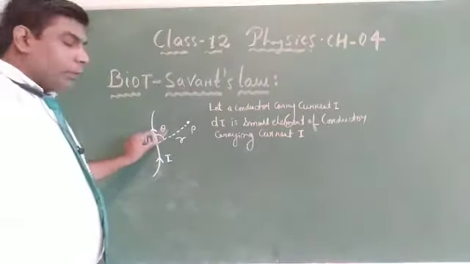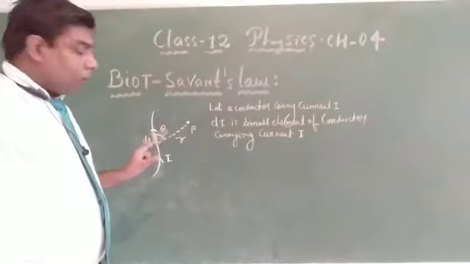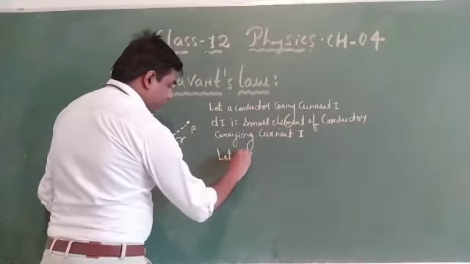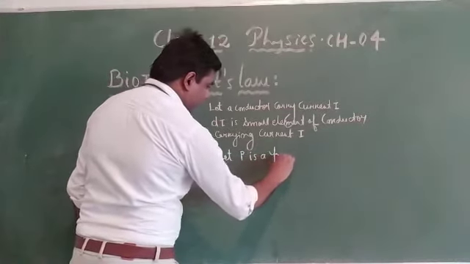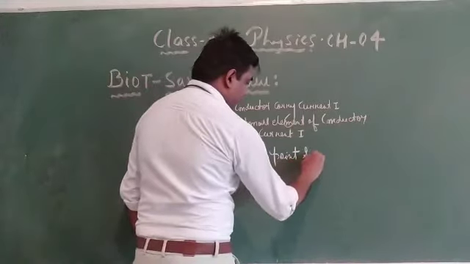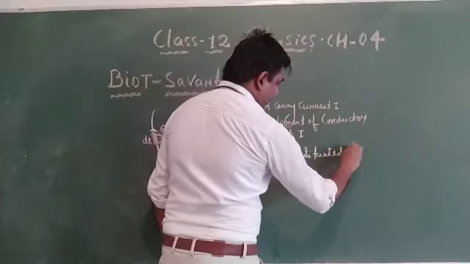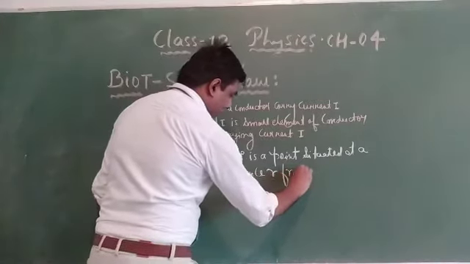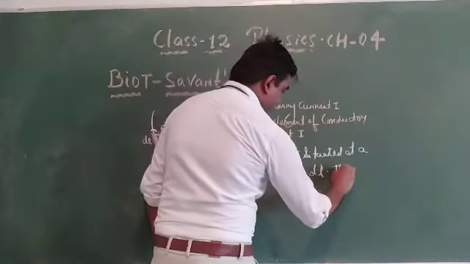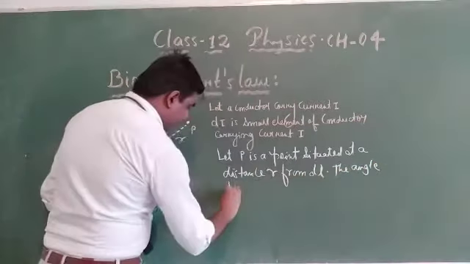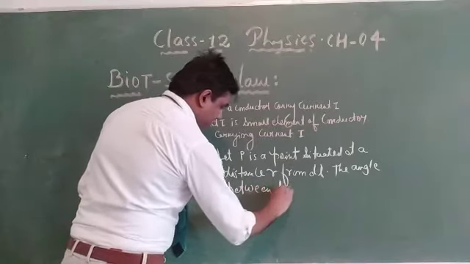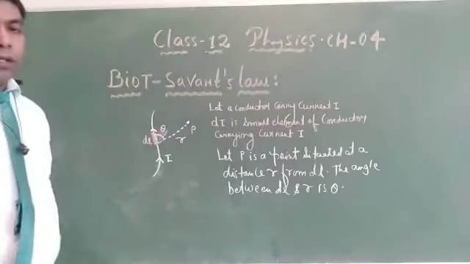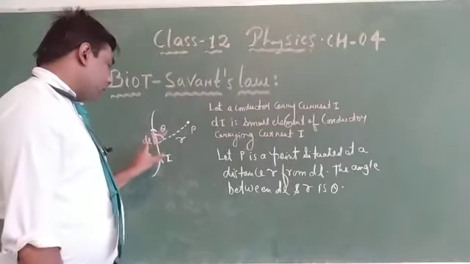Now see, if we consider the dl element, then the current will also be I. The total current is I, and through dl also the current will be I. Because dl is the direction of your element, dl is the direction of the current.